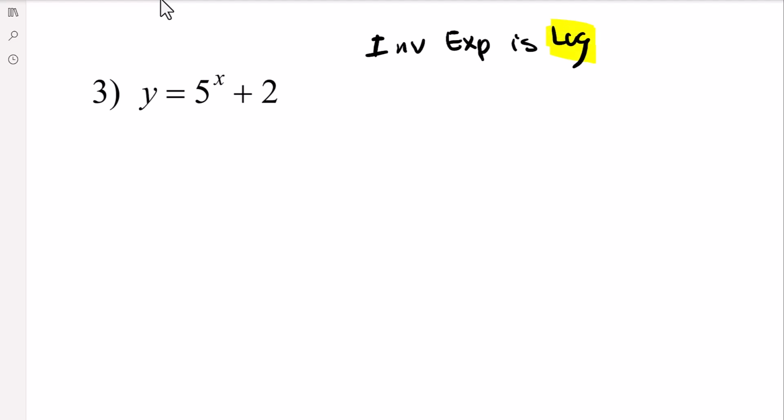A log is a special type of exponent. So when we have log equal and the n is over here, in English, logs are exponents. So that's the definition. All right. So we're going to swap the x and y.